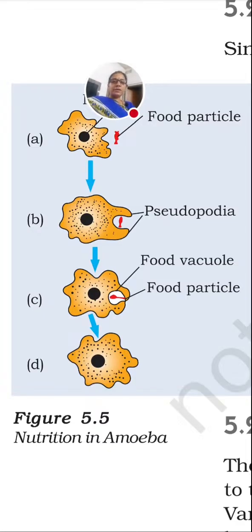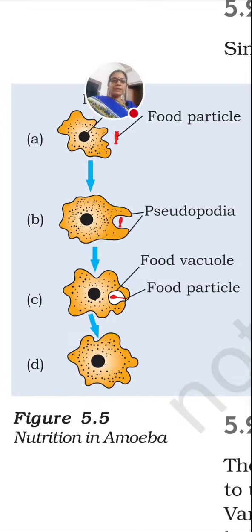Then the next one is the symbiotic relationship. Symbiosis is when two organisms mutually depend on each other for nutrition. Lichens come under this. Here the fungus and algae have a symbiotic relationship. The fungus provides shelter whereas the algae provides food.